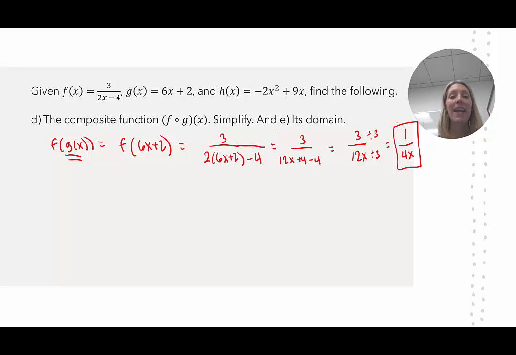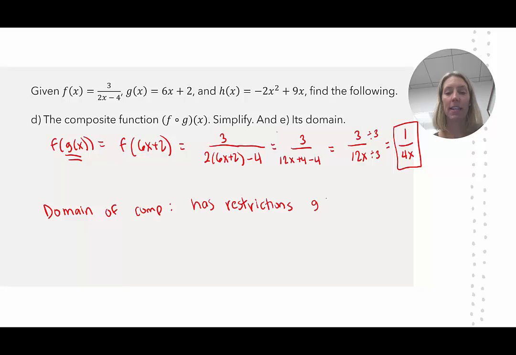And so there's two ways that we get the domain of a composite function. The domain of a composite function takes on the domain of the inner function. Domain of composite function: it has the same restrictions as the inner function, in this case g of x, and also any restrictions on the function itself.